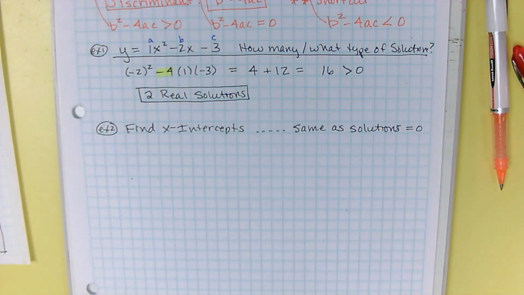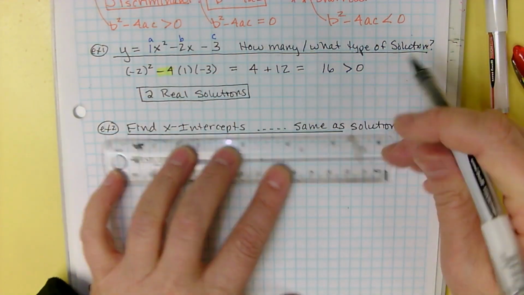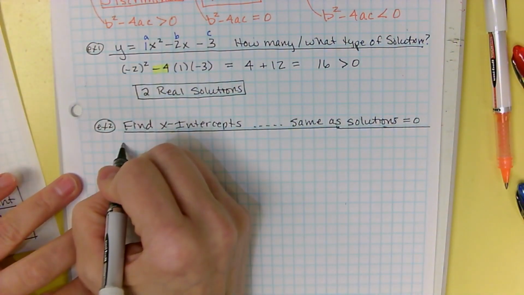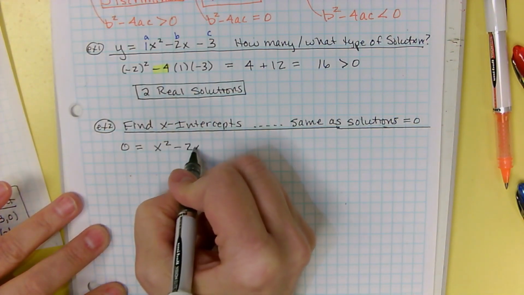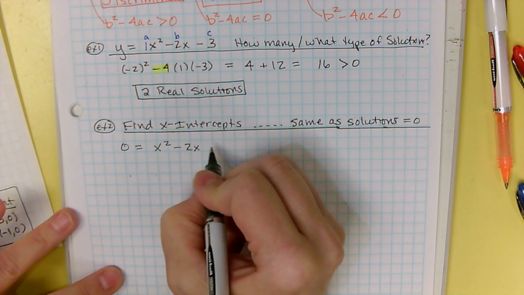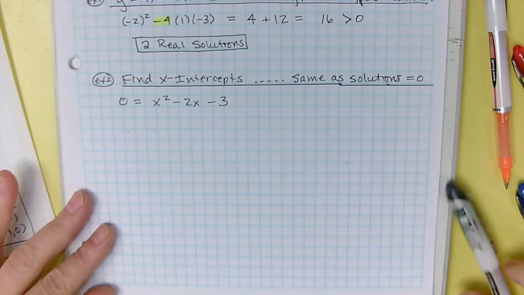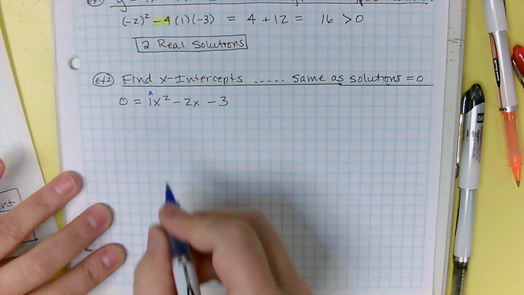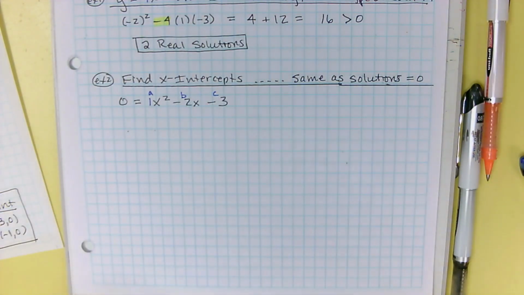The biggest difference is your answers are going to be points, comma 0, versus just a couple of numbers. So let's say you've got 0 equals x squared minus 2x minus 3, and we're going to find the x-intercepts. So this is already equal to 0. So my a is the invisible 1, my b is -2, my c is -3.